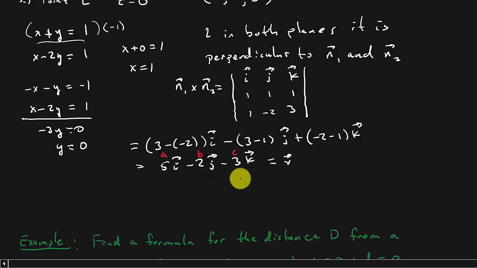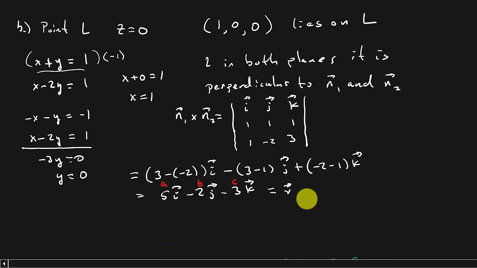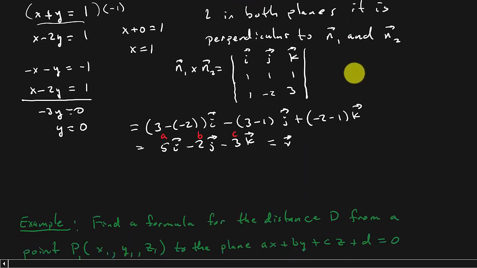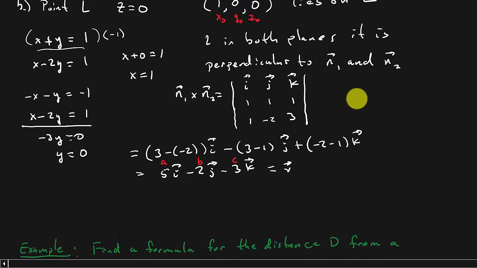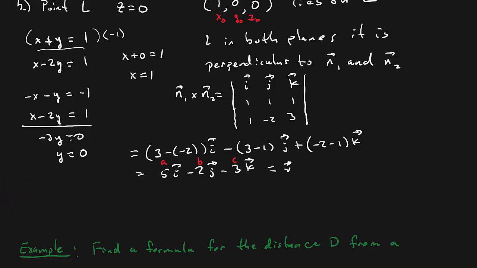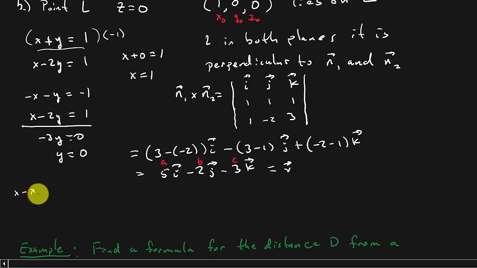And then your x0, y0, z0. And so our symmetric equations, remember, that's x minus x0 over a equals y minus y0 over b equals z minus z0 over c.